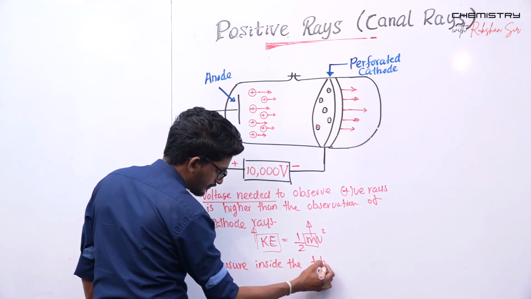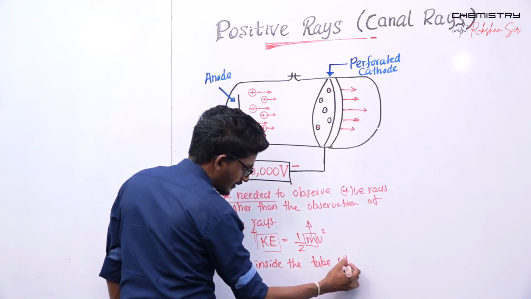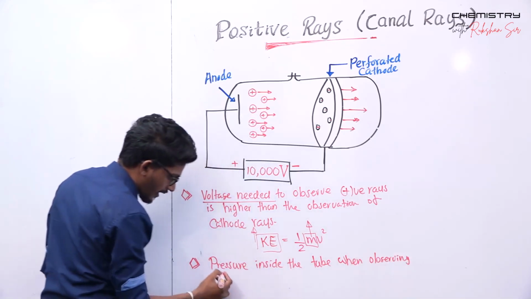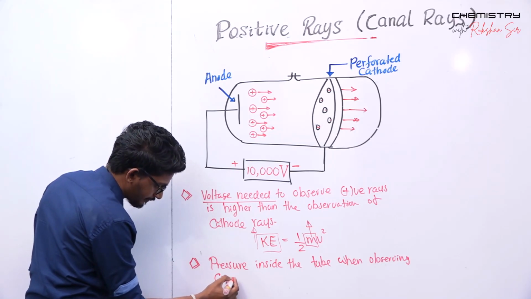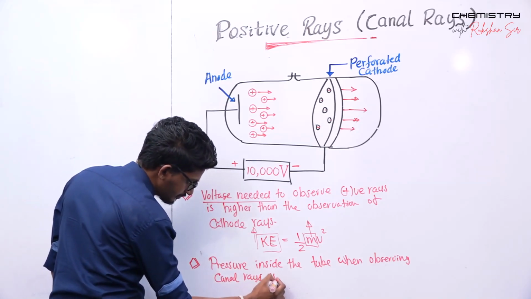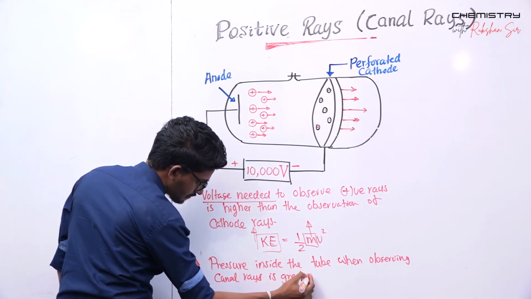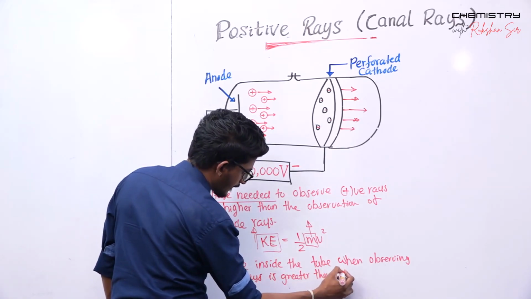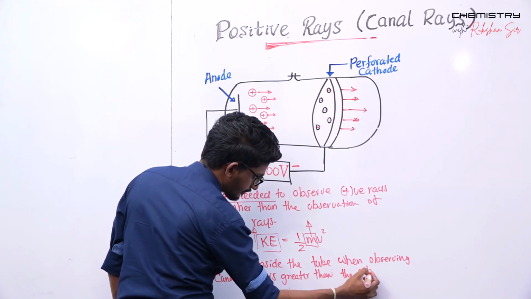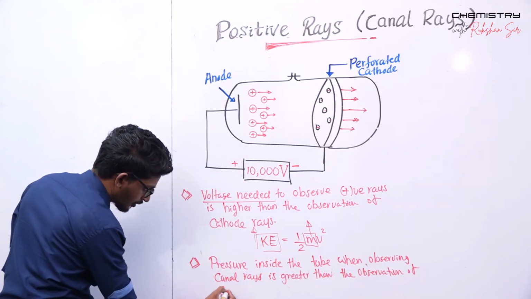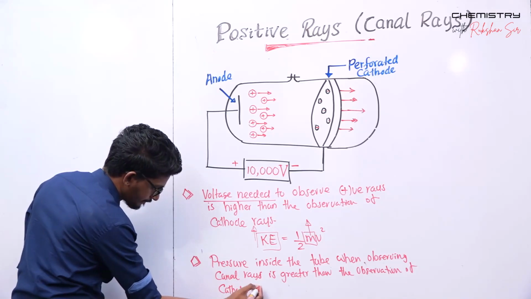The pressure inside the tube when observing canal rays is actually greater than in the situation with the cathode rays.